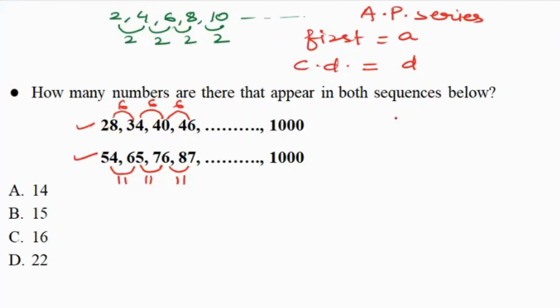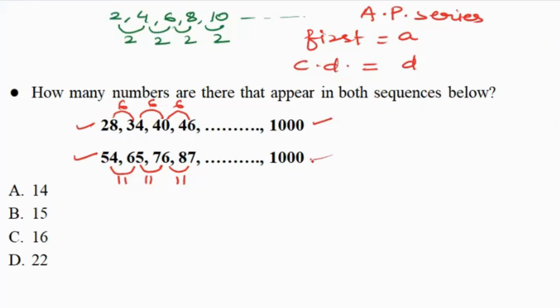Now the question is saying: how many numbers appear in both the sequences below? Which means the number should be in this sequence as well as in this sequence. The common difference in the first sequence is 6, and in the second sequence is 11.